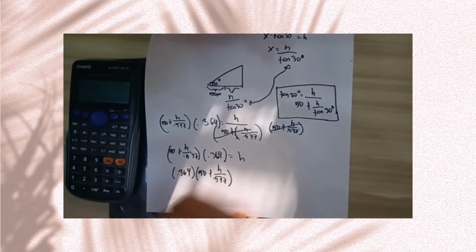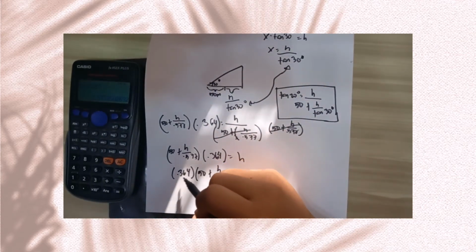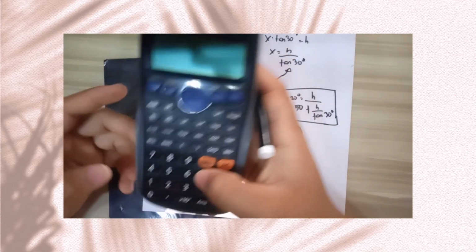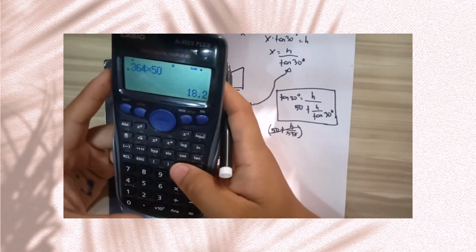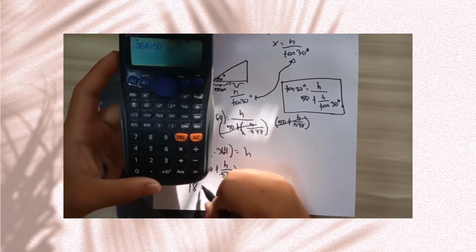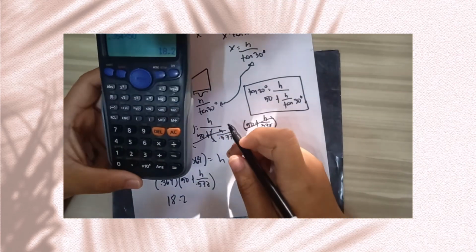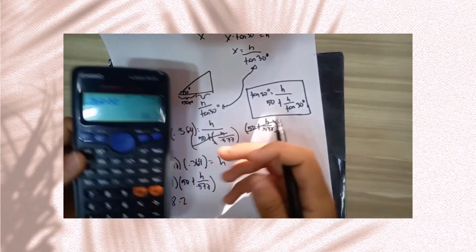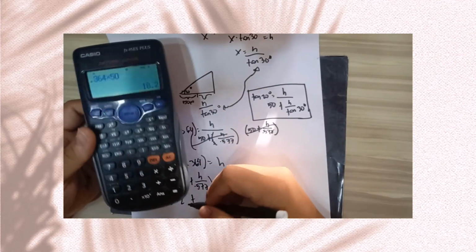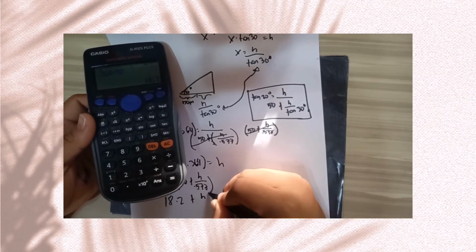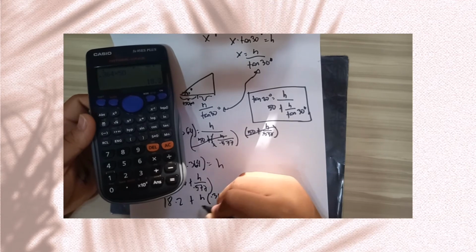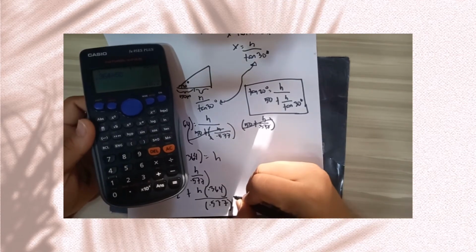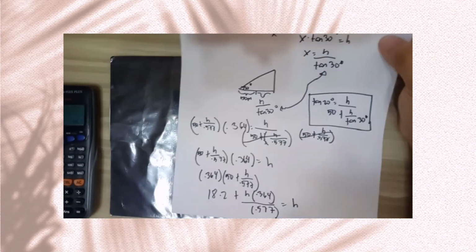So we're going to distribute this 0.364 times 50. 0.364 times 50 is equal to 18.2, and copy plus h times 0.364 over 0.577 equals h.